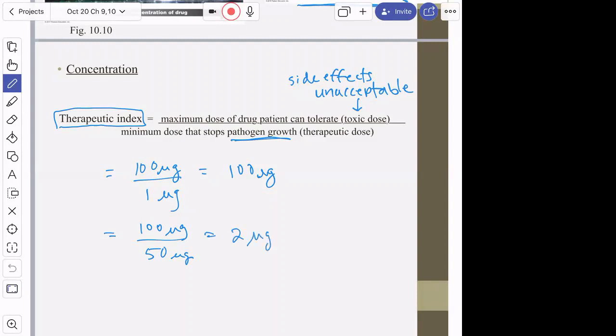Okay, that's not very safe. Where 100, that's going to be a lot safer. Okay, so the take home here is the higher the therapeutic index, the more safe a drug is going to be. So higher, the better.